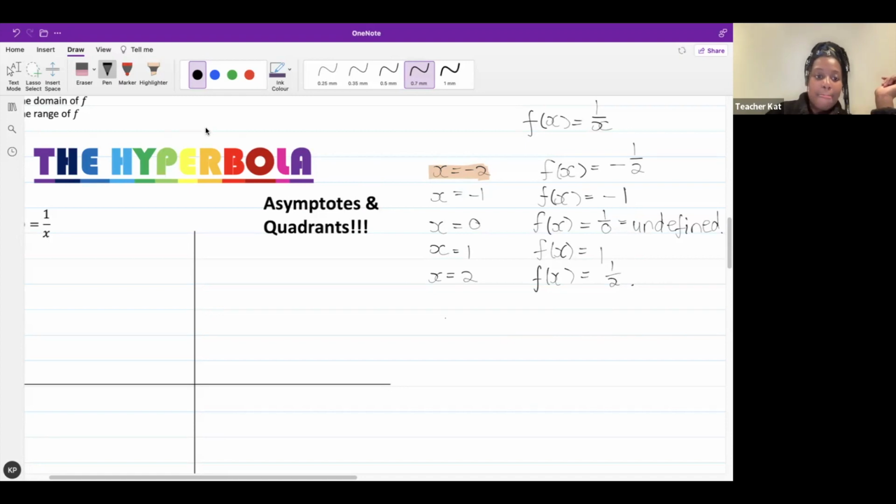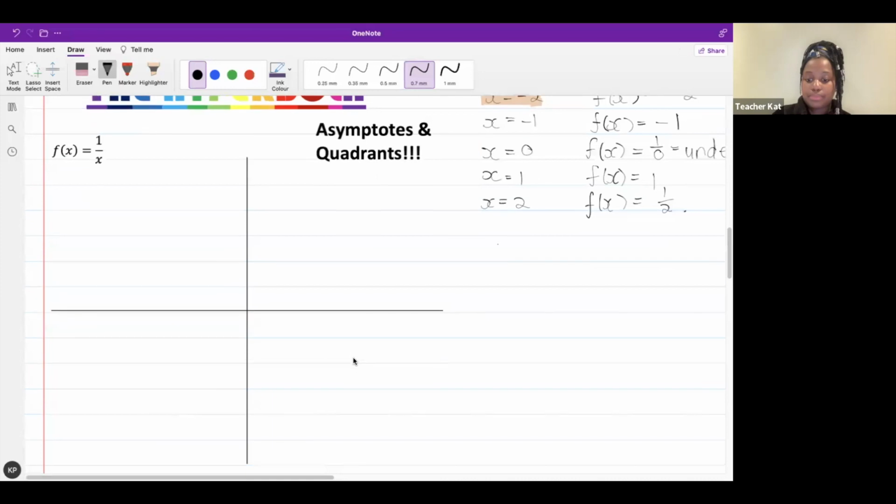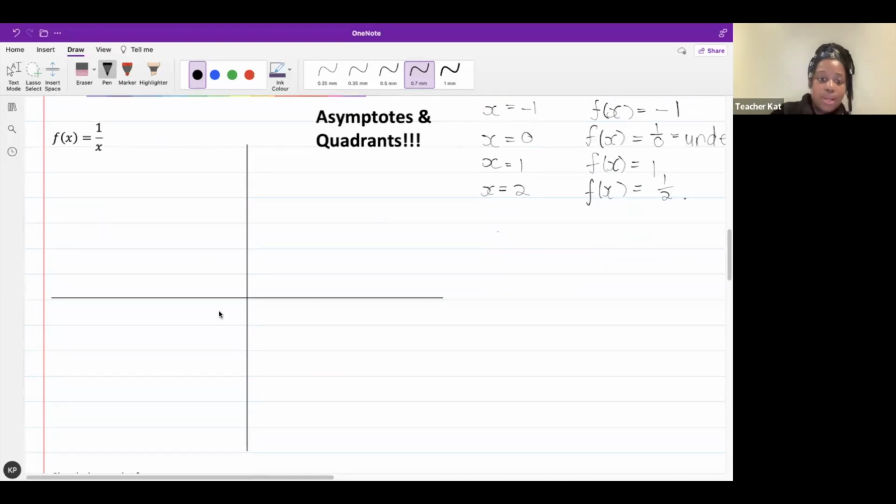Wonderful. Okay. So let's try and plot this thing here. When x is -1, y is -1. So my point is here somewhere. My first x was 2 out there, and -1, so it's over here.